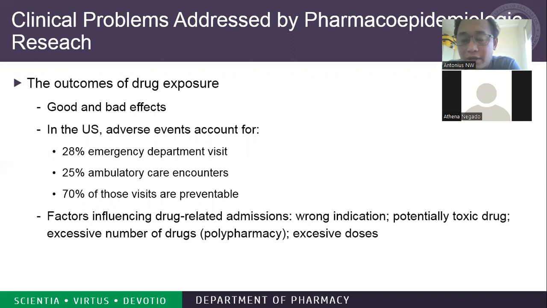I personally am always amazed when someone can estimate something like this using numbers, because if I tried to estimate something in Indonesia, it would be very difficult. Adverse events are usually not recognized in the developing world.